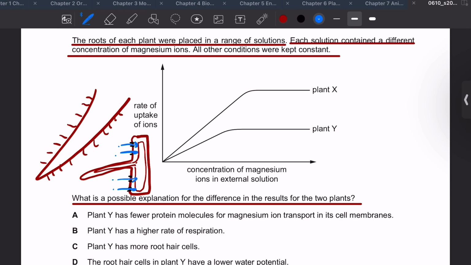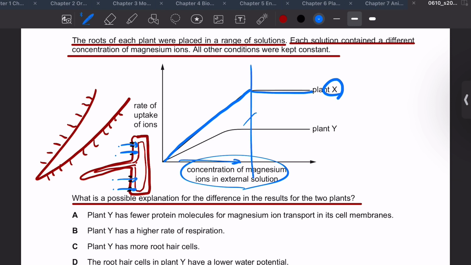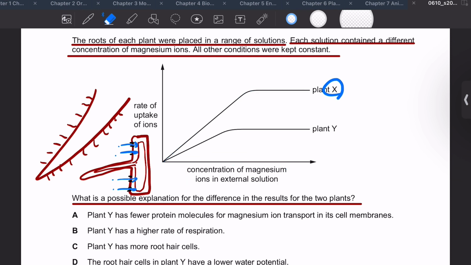So plant X apparently can take quite a lot of ions, even if the ion concentration gets increased, but it does reach some limitation here. But plant Y looks like it can't take that much, which means that it may lack the number of these protein molecules that allow diffusion to occur. So I would say A is the good answer here.